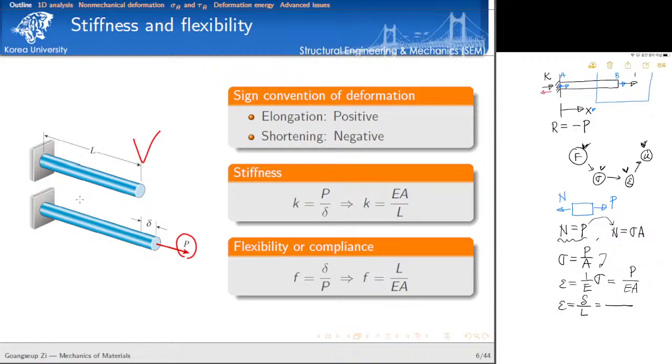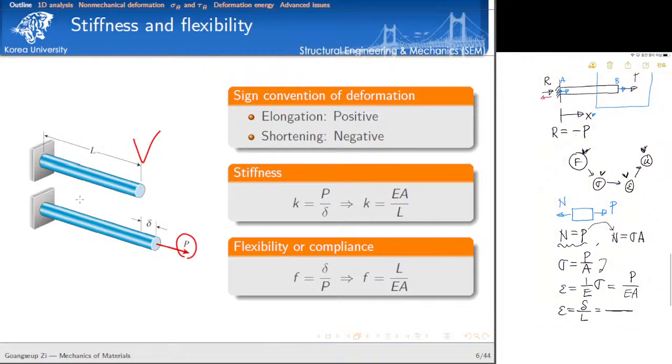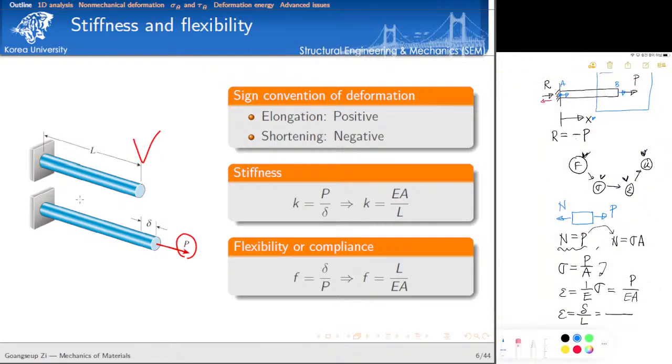So how do you calculate the elongation? To calculate the elongation, we need to subtract UB and UA. Do we have to subtract UB from UA to calculate the elongation, or subtract UA from UB? Okay, let me repeat.